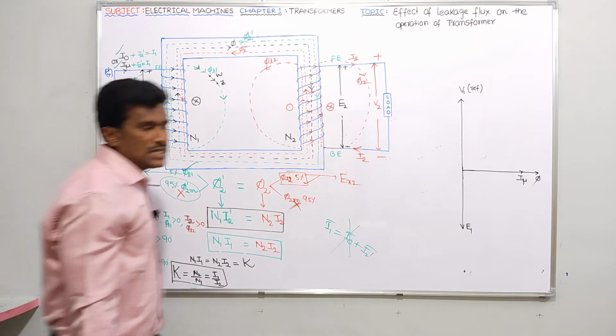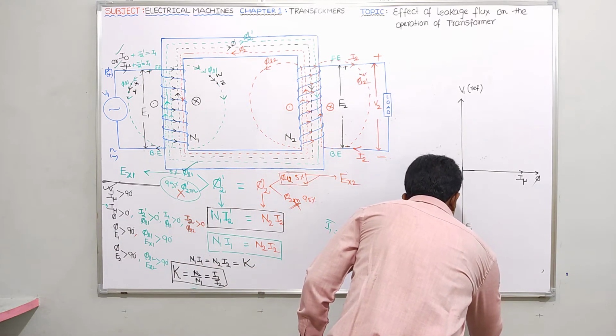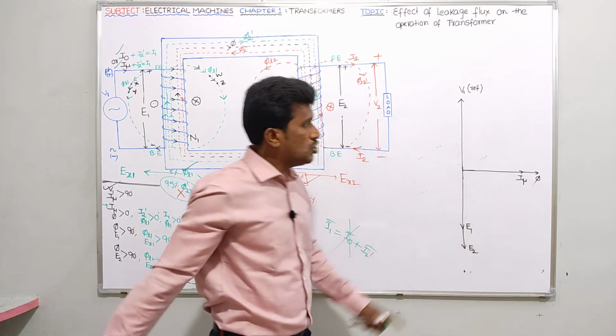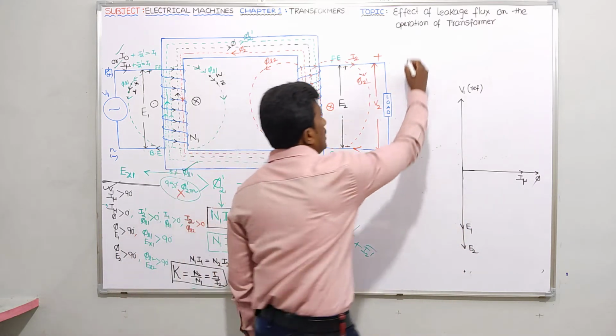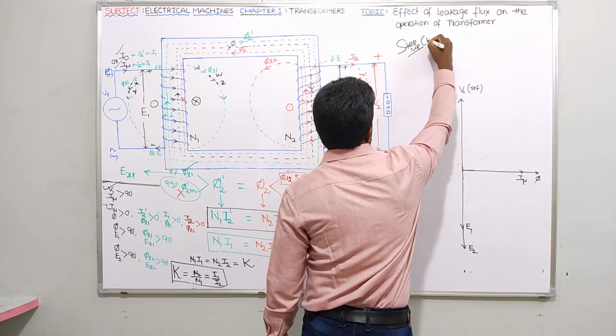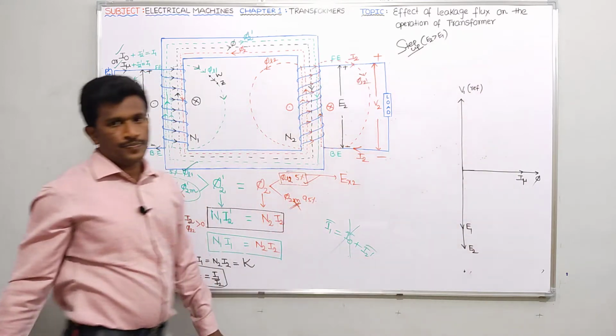So once again E2 lags flux by 90 degrees. I am assuming it as a step up transformer, so E2 will be greater than E1. That's the reason why I had taken E2 greater than E1. Is it clear, guys? Right.